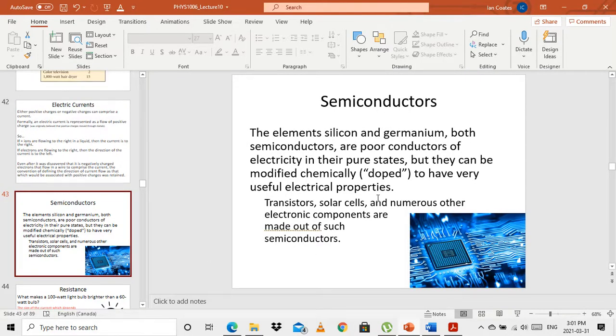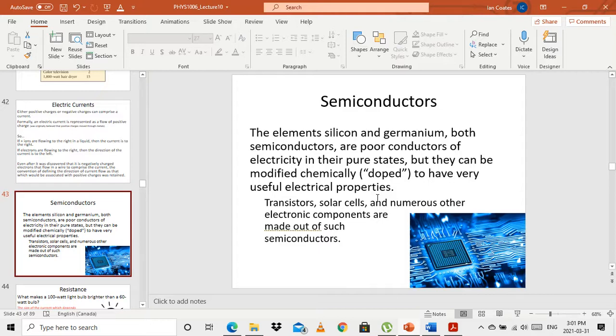Semiconductors. We all have them in our phones and all this kind of stuff. Silicon, germanium. These are what we call semiconductors. They're poor conductors of electricity in their pure state, but they can be doped up to be superconductors.